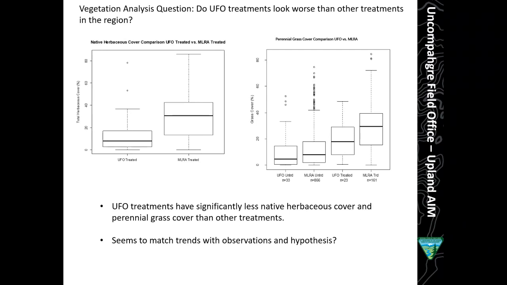And we could see from the figure on the top left there that we have significantly greater native herbaceous cover on treatments outside of the Uncompahgre field office than we do in.